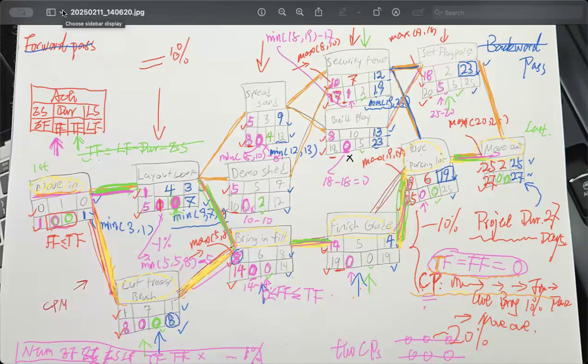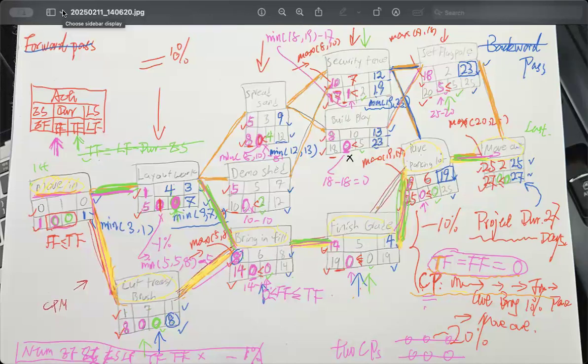So you need to double check whether you have any issue over here. You can check any box. This 0 here is less than 4, 0 is less than 2, 0 is less than or equal to 0, and this is equal to 0, right? All those are correct. So just make sure you check this. That is the relation between the free float and the total float.